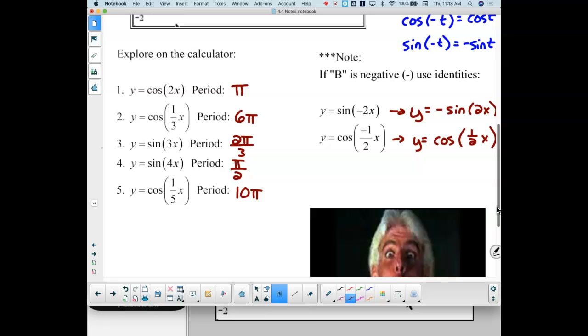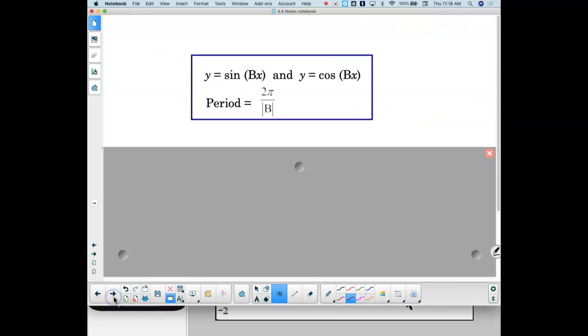Okay? So the formula that you should memorize, not going to lie to you, you're going to want to memorize as we go forward graphing these things, is that the period is equal to 2 pi divided by the absolute value of b.